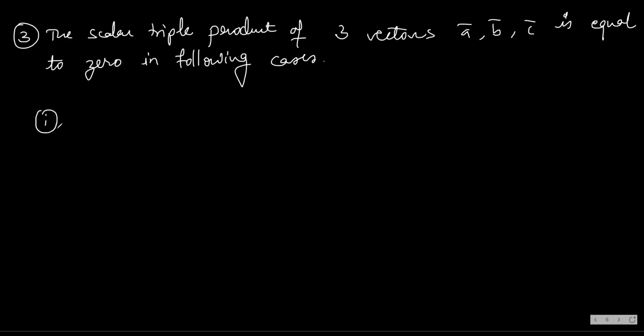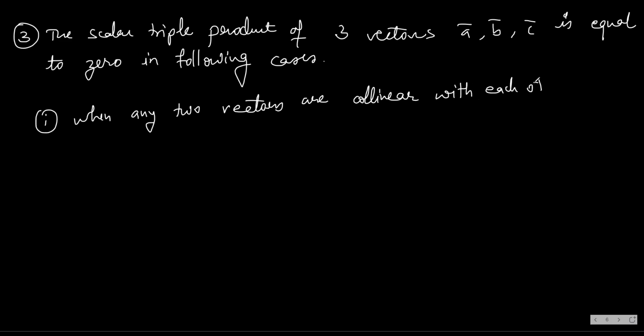The first one is when any two vectors are collinear with each other. If any two vectors are collinear with each other, what will happen?